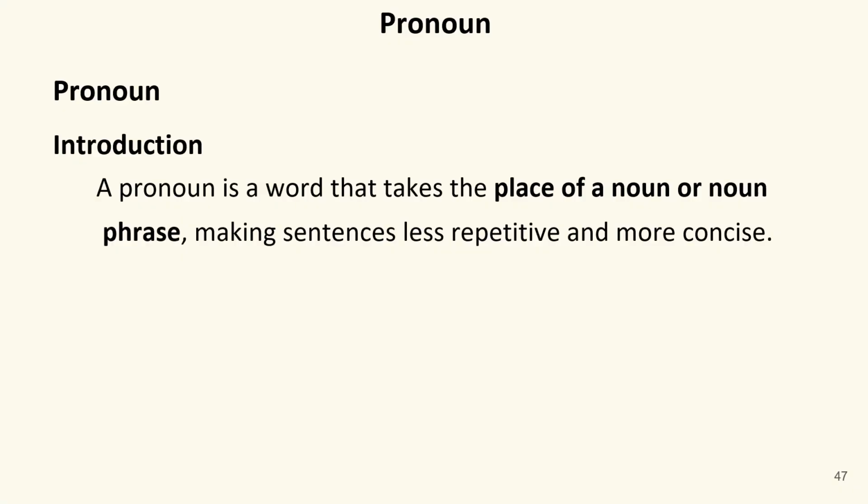Pronoun is basically a word that takes the place of a noun, or you can say it is used in place of noun, or it can replace noun. So, pronoun is actually a replacing word that replaces noun just to avoid repetition.